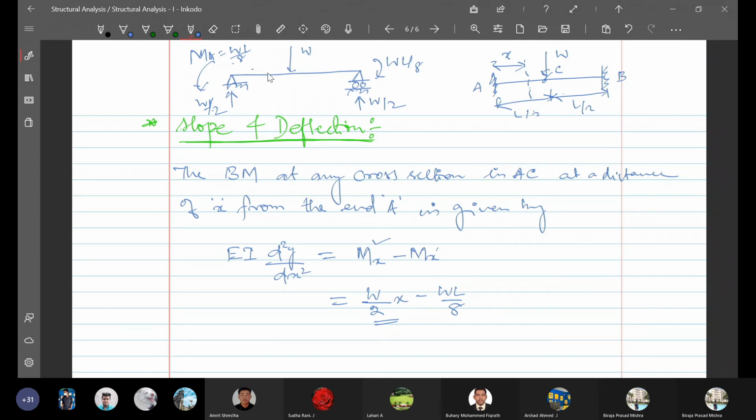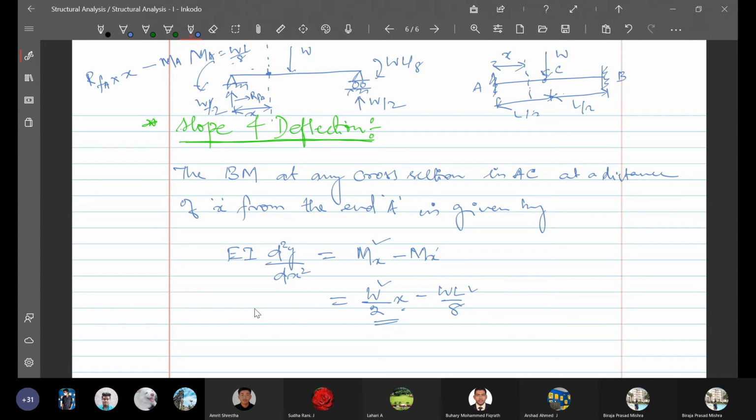Now if I take a section at a distance of x from the left support, what is the bending moment at this section? Let us say this is RA, so it is RA into x minus MA. That is W by 2 into x minus WL by 8.